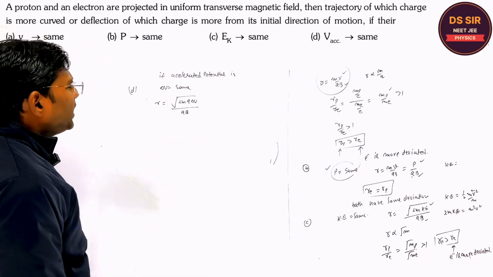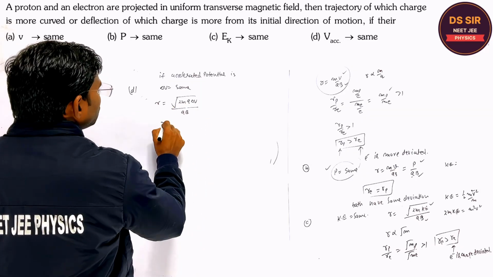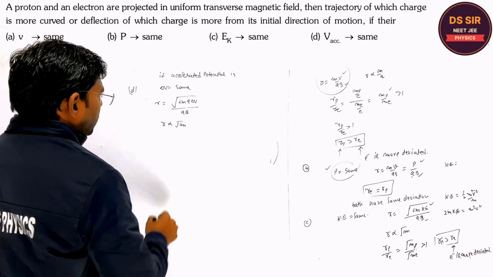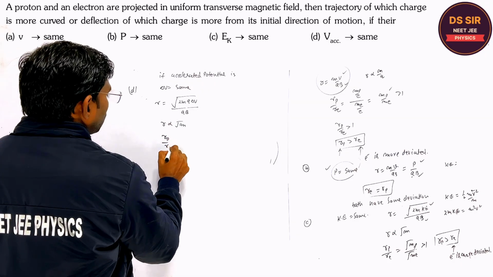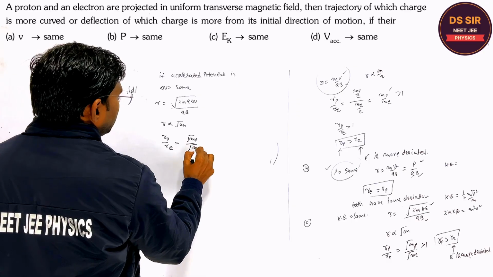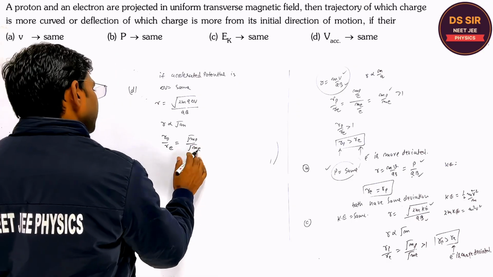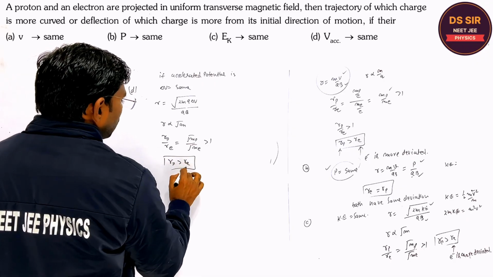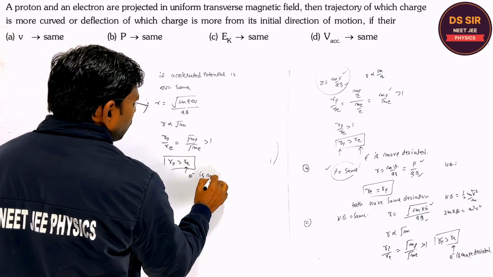But it is proton and electron, everything is same. So again the radius is proportional to root of mass. The ratio of proton to electron is root of mass of proton upon mass of electron, which is greater than 1. Again electron is more deviated.